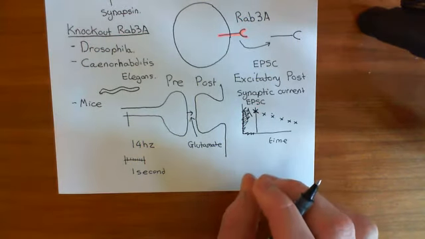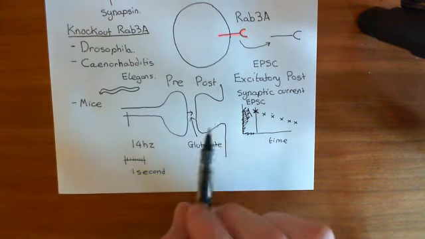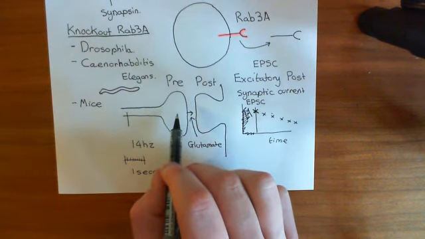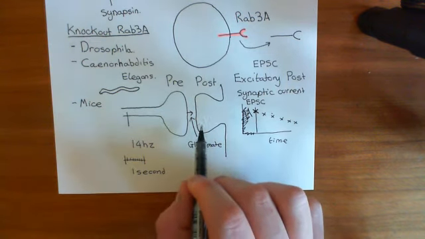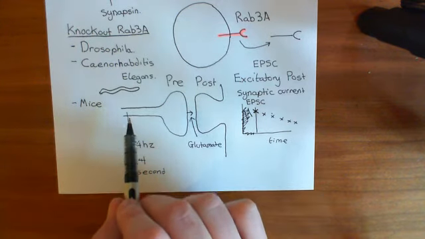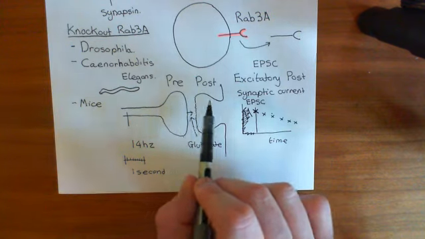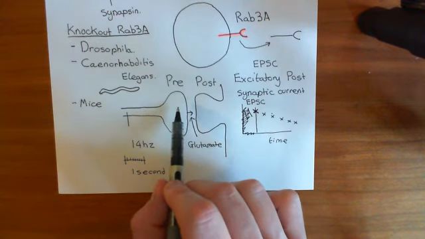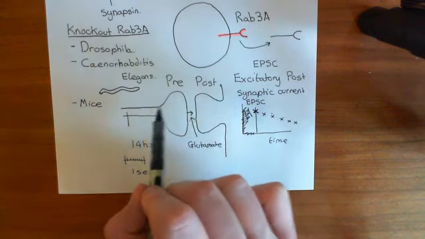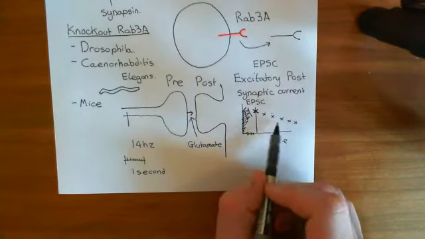Now, why is this happening? Why, if we continually stimulate it like this, is the amount of excitatory postsynaptic current we're getting per stimulation of the presynaptic neuron going down? We're stimulating this presynaptic neuron continuously, and what we're finding is that the amount of stimulation produced in the postsynaptic neuron for each action potential in the presynaptic neuron is going down.